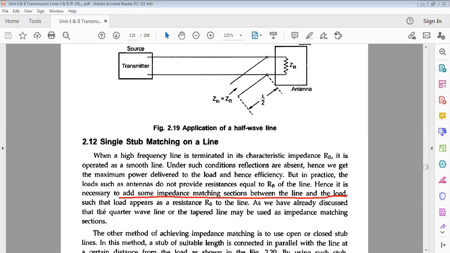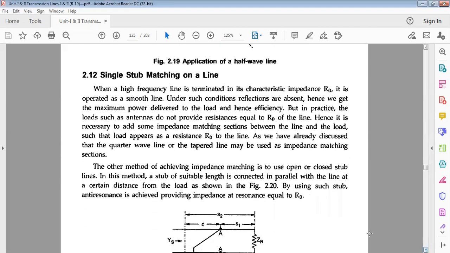As we have already discussed, the quarter wave line or the tapered line may be used as impedance matching sections. The quarter wave line is an impedance matching section. In another method, to achieve impedance matching, open or closed stub lines are used.